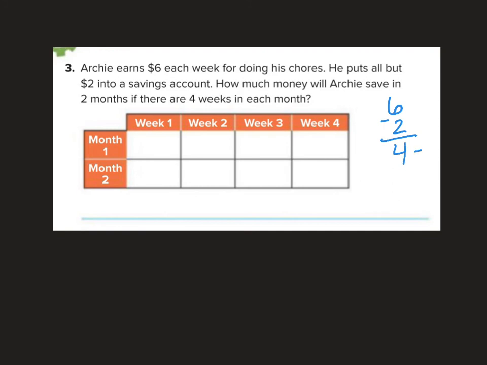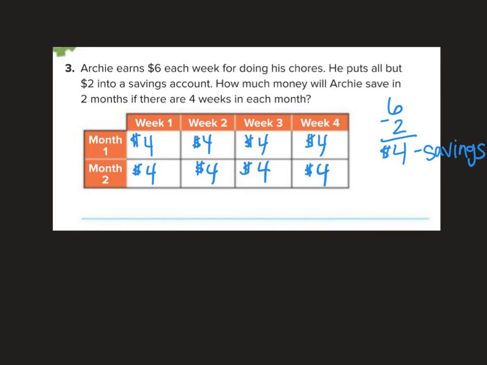So that means $4 is going to savings each week. So month 1, these are all actually going to be $4. $4.